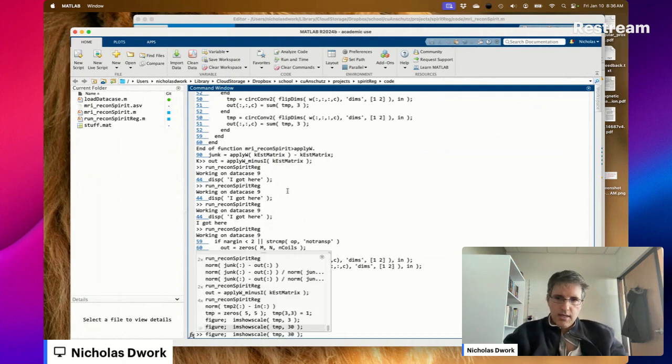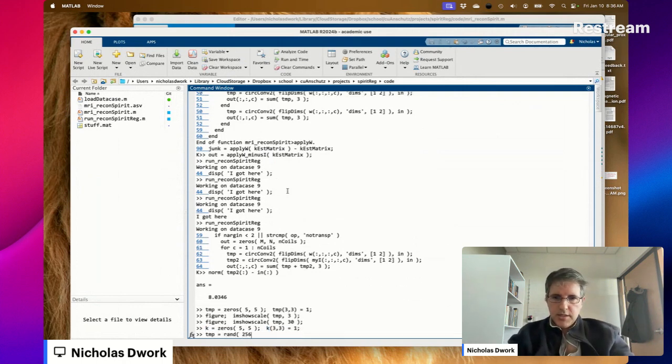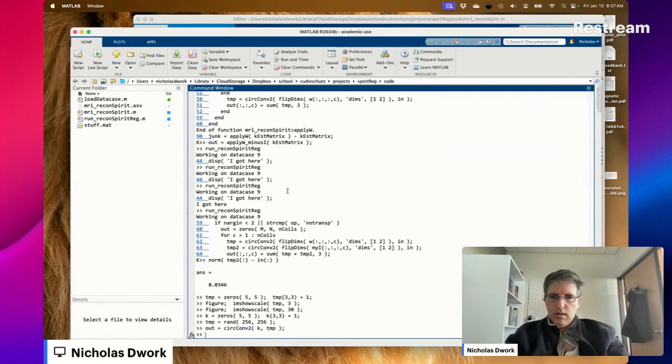We'll call this K. And then temp is going to be a random matrix of 256 by 256. Now I'm going to circular convolution both of those together. And I'm going to take the difference of out and temp.